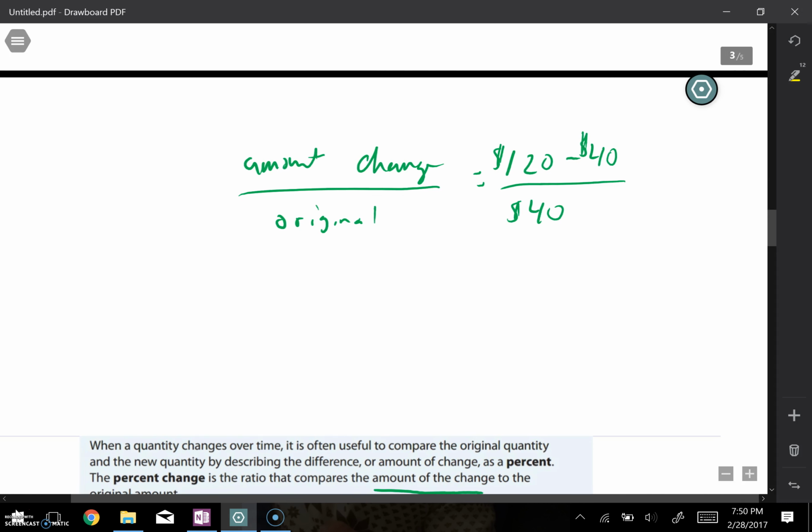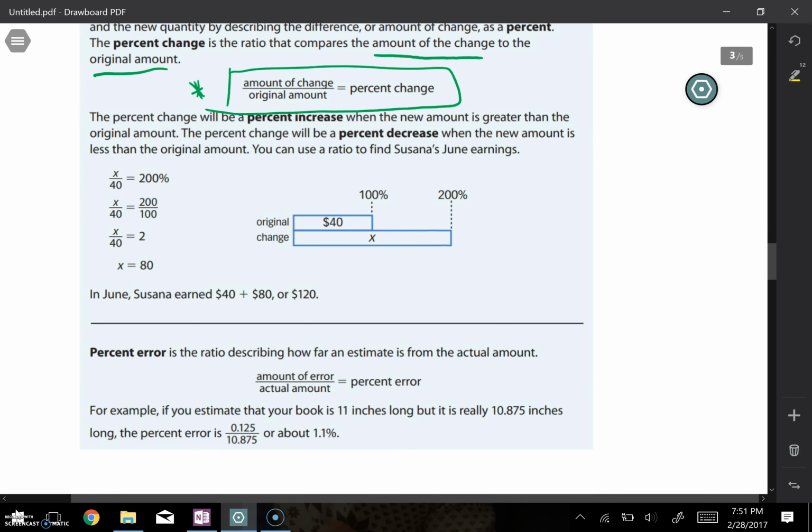You would take what she makes now minus what she started with, 120 minus 40, which equals 80 difference. The difference that she made from the beginning to June is 80, divided by her original amount. Well, 80 divided by 40 is 2, which is 200%, because we have 2 whole of something. Okay, that's just how the formula works.